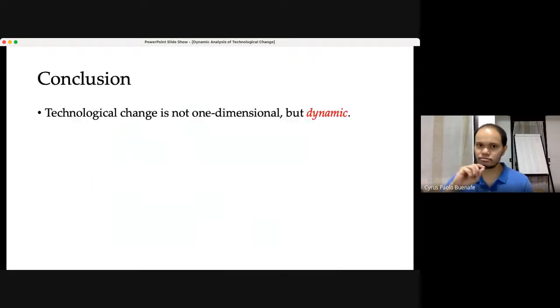Now, so conclusion, technological change is not one dimensional, okay, but it's dynamic. And now we see the interaction with the old technology and the new technology. We also see that it has to be an ecosystem mindset. We realize that certain products would rely on other products, either for its sustainability or, in the absence of those other products, its obsolescence.